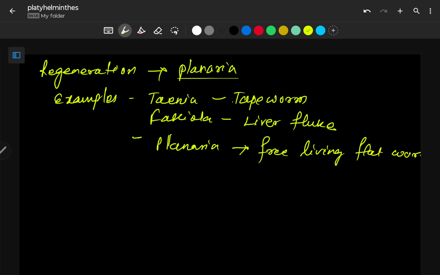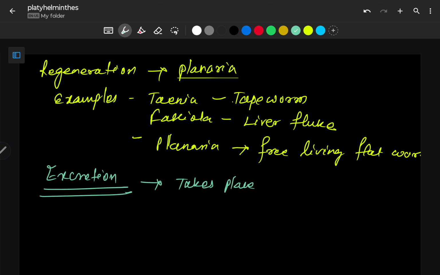Okay, so here children, I forgot to tell you one more thing, that is about excretion. This is a very unique feature, let me tell you. It takes place by flame cells, commonly called protonephridia.